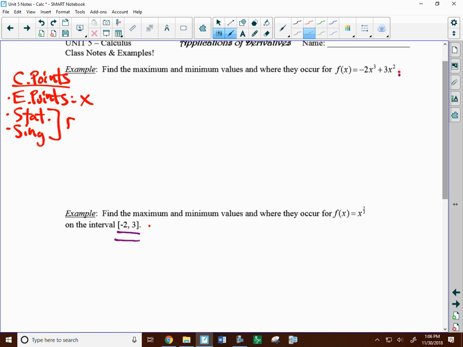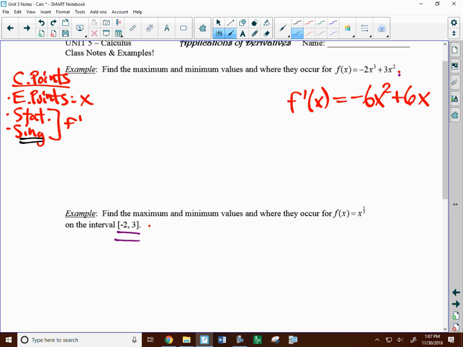And for both of these, I need f prime. So let's do f prime. Power rule, negative 6x squared plus 6x. Now we look at it, and let me go ahead and knock out singular points. This is the derivative.